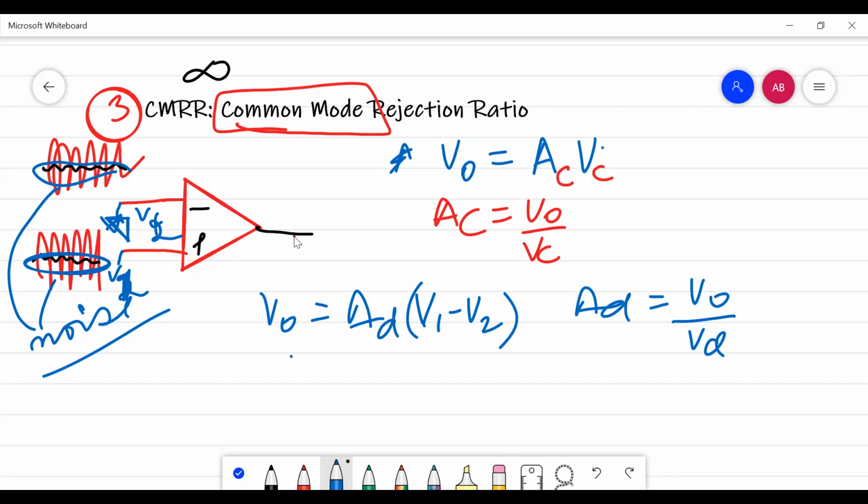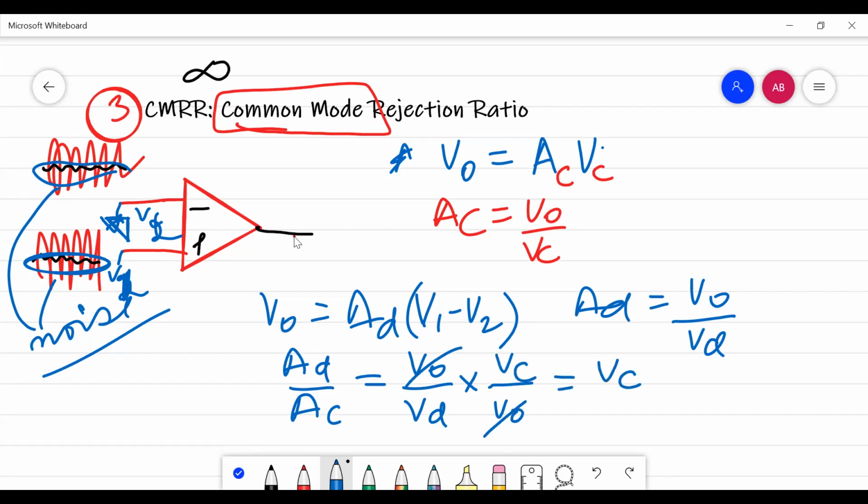And the common mode gain AC will be V0 upon VC. So this V0 and V0 cancel out, and you get VC upon VD.